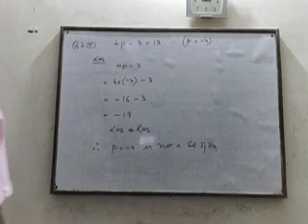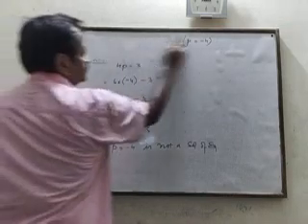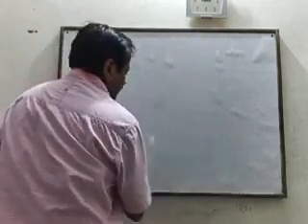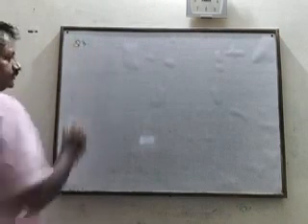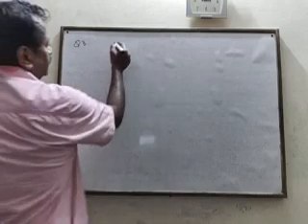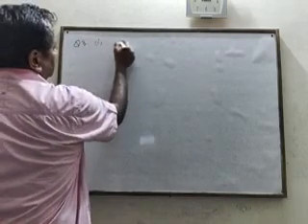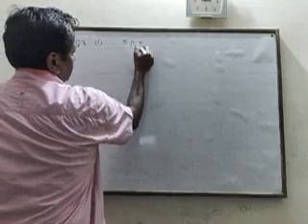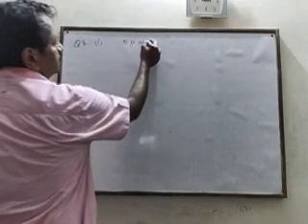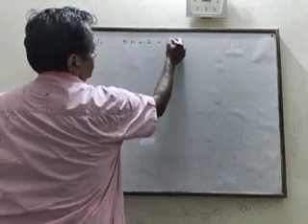Question number 3, where we need to find out the solution by the trial and error method. Equation is 5p plus 2 equal to 70. First part, 5p plus 2 is equal to 70.